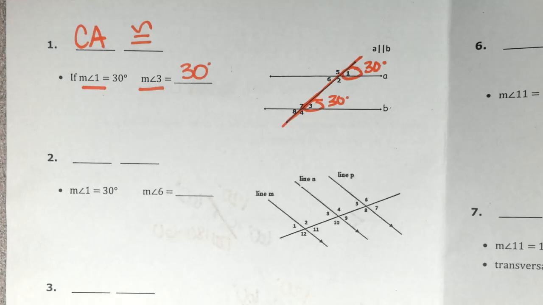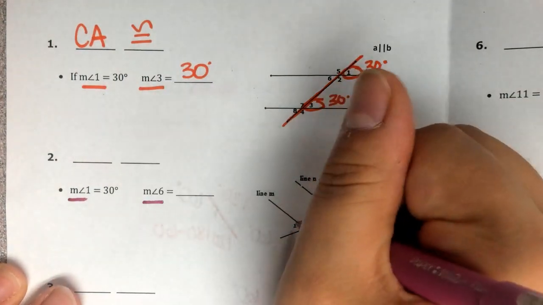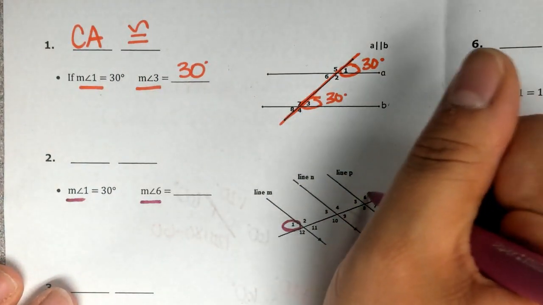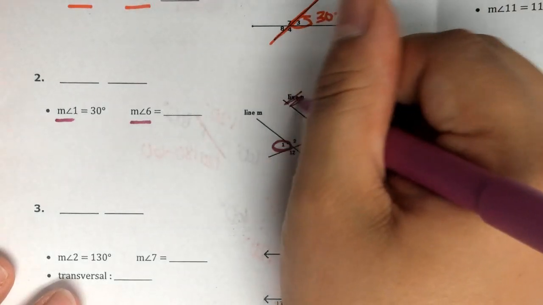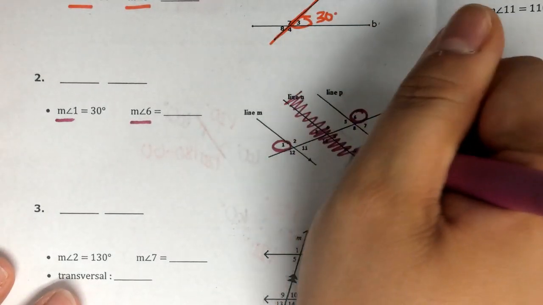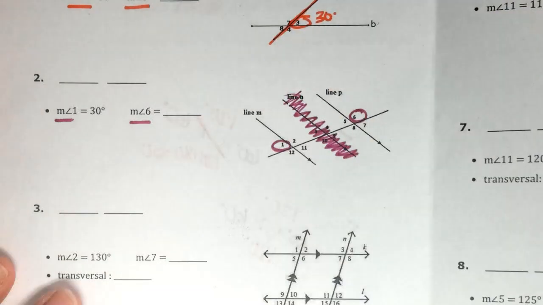What angles are we dealing with on the next one? 1 and 6. Please circle angle 1 and angle 6. Is there a whole line we don't even care about right now? Yeah. Which one? You can either cover it up with your finger. I'm going to scratch it out. I do not care about this.